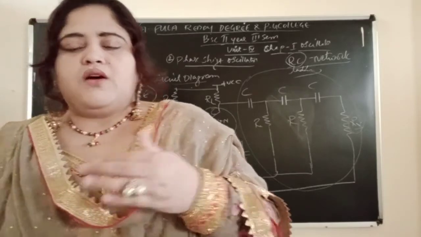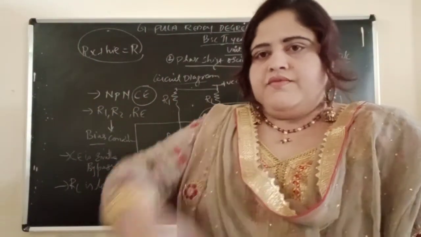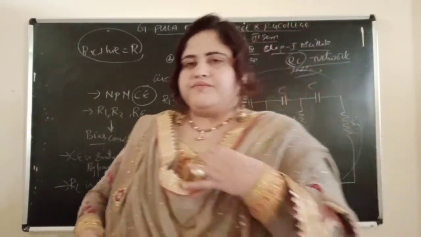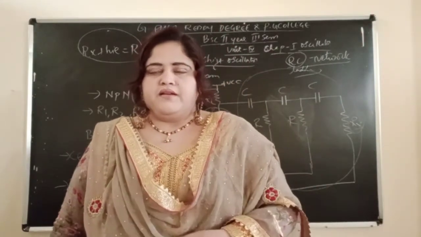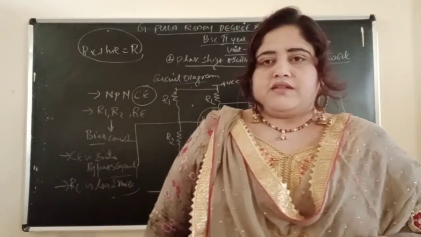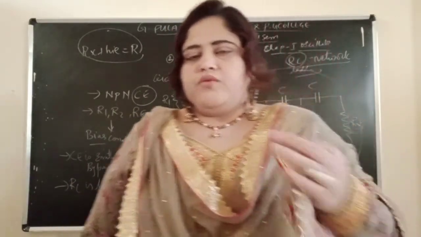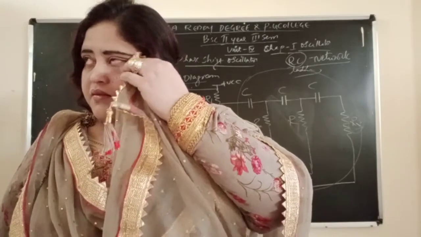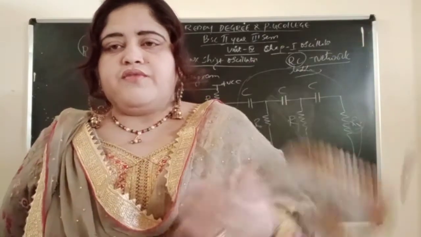So till now, what we have seen is the circuit diagram and circuit description of the phase shift oscillator. Now we will be studying the operation of the phase shift oscillator.